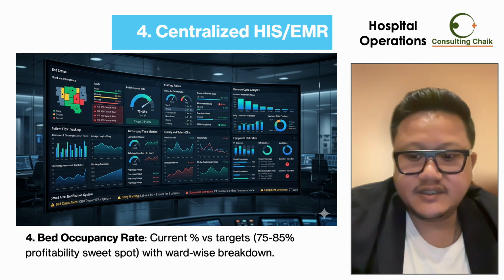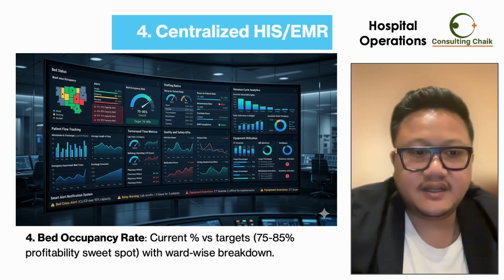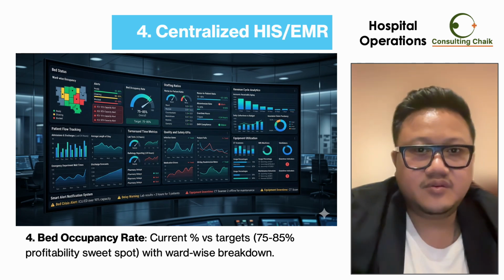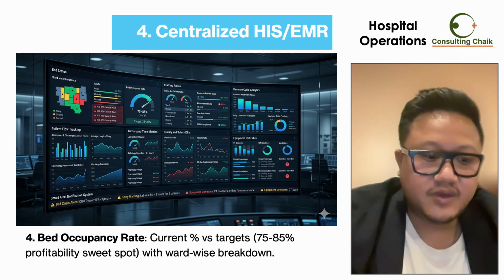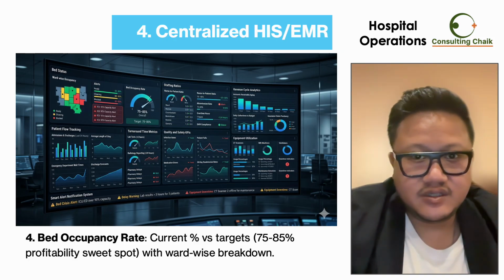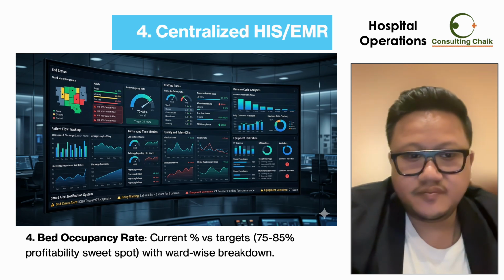Ethically, it is bad that you try to get more patients somehow. But the point is, the patients who are there, they should be coming to the hospital because you are providing the services. That is how you run the hospital.